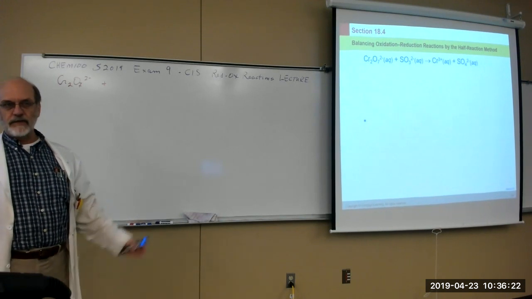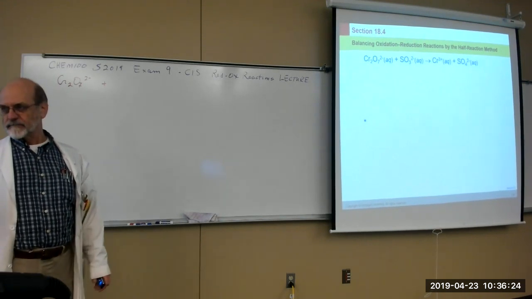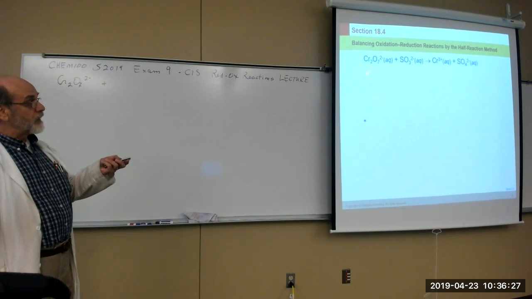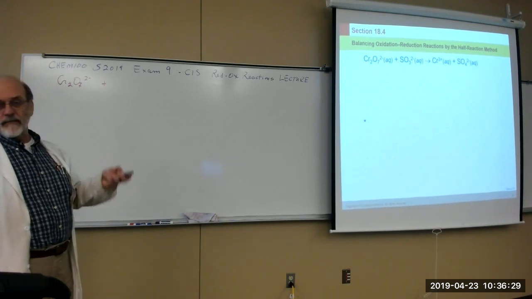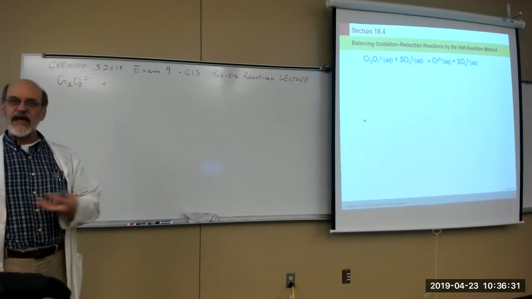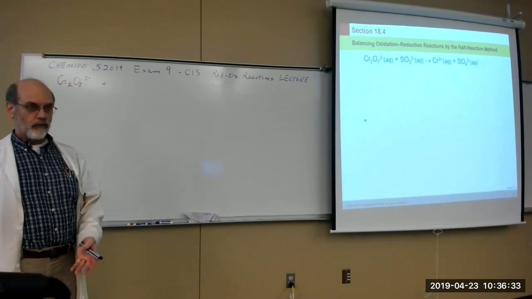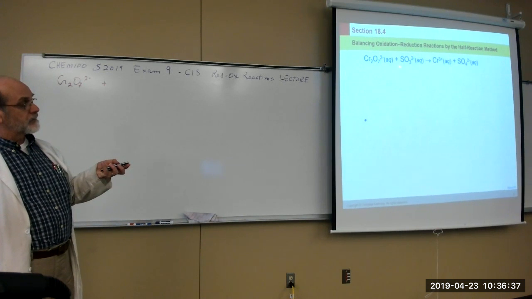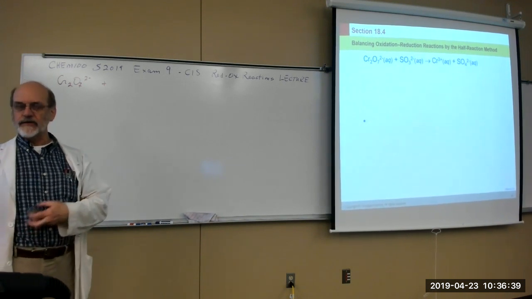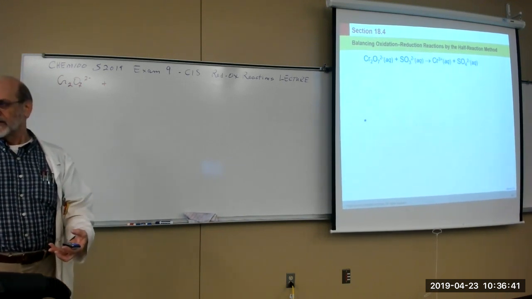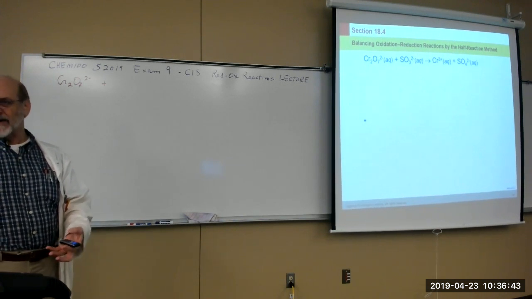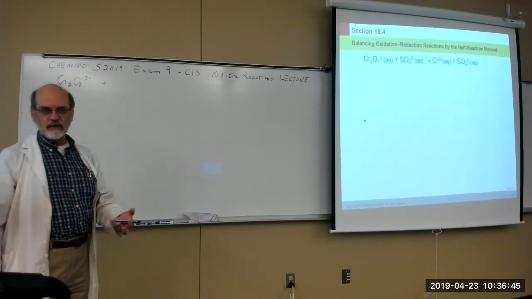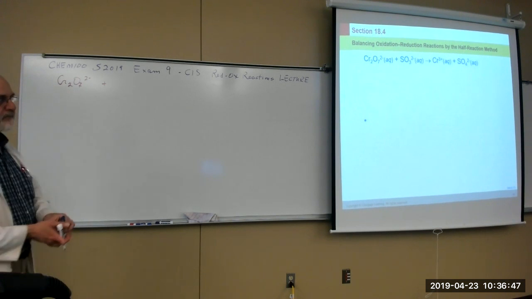We just leave them out because we don't need them. The dichromate ion might be introduced into solution as potassium dichromate. That would be soluble. And the sulfite ion might be introduced as, say, sodium sulfite. But the potassium and the sodium don't matter. They're not going to change anyway, so we just leave them out.